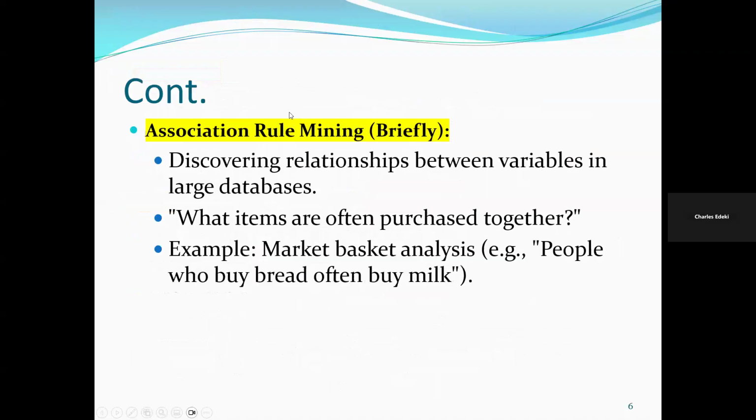So we also talk about association, the association rule concept. For example, discovering relationships between variables in a large data set. We discussed the market basket analysis. What is the chance that if I buy bread, I will also buy beer or peanut butter?